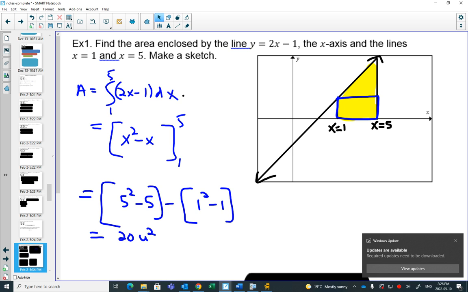So all things considered, even though you could calculate this with your regular formulas, this is still almost faster than that. And the powerful thing about this is it doesn't have to be a nice straight line for us to figure out that area.